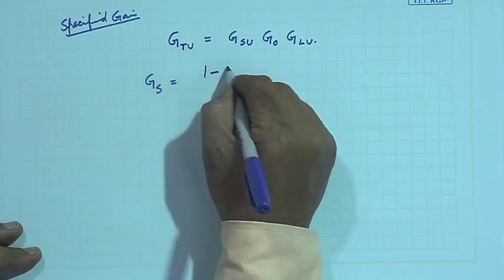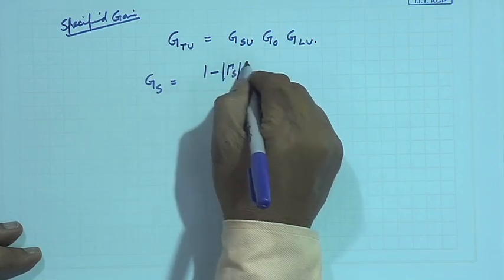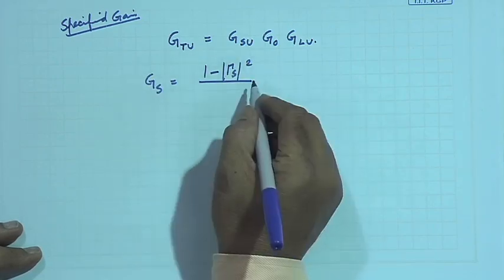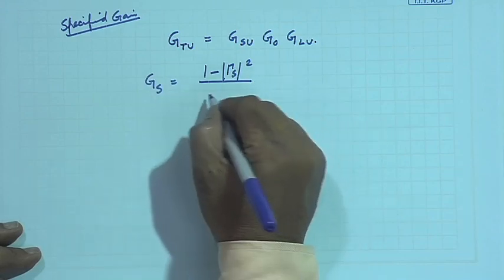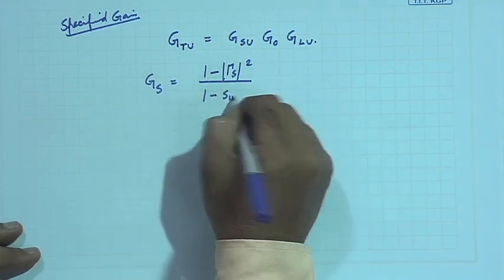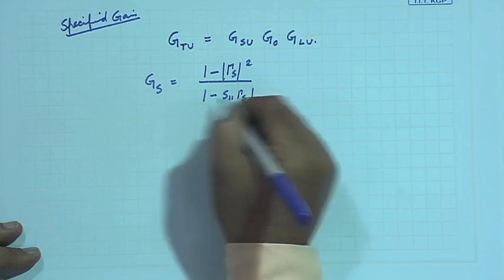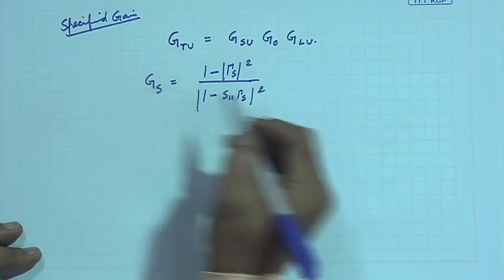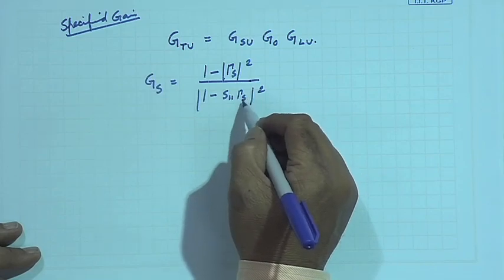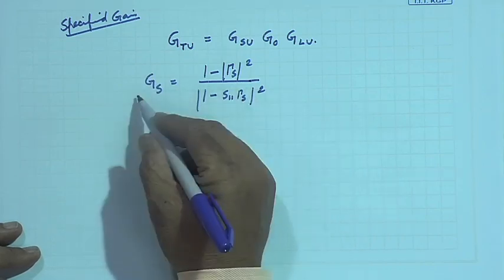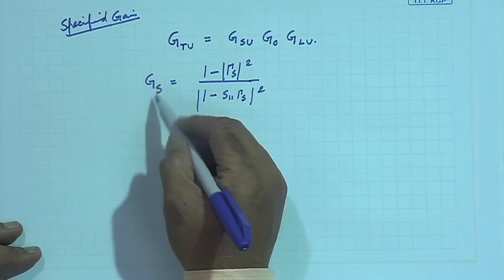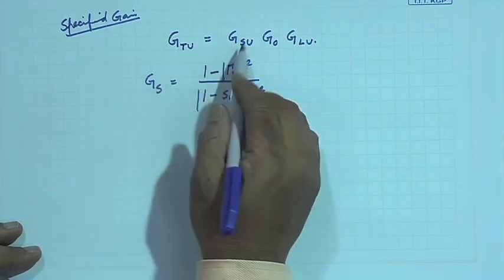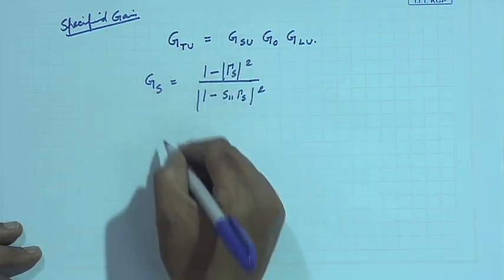So, what is GS? We know under the unilateral assumption it is simplified, gamma L does not come into the picture, and it is simply 1 minus |gamma S| squared by |1 minus S11 gamma S| squared. So, I can choose gamma S by knowing my GS requirement, that means how much I want from the input matching circuit.